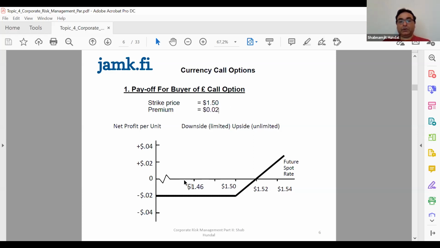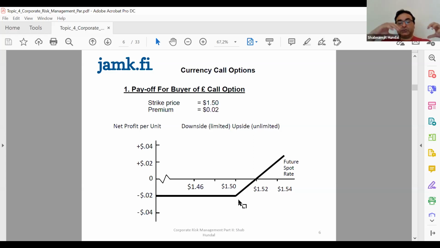So up to this level, you will not exercise the option. In either case, you lose 2 cents. At 1.50, you may buy from the broker, it will cost you 1.52. You may buy from the market, it will still cost you 1.52. So basically, it's a point of indifference.